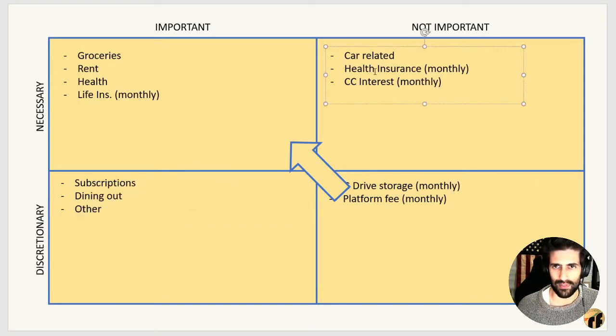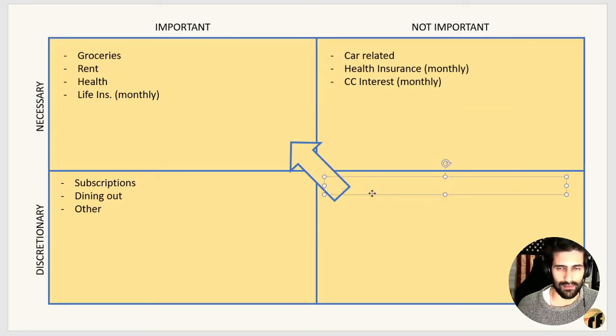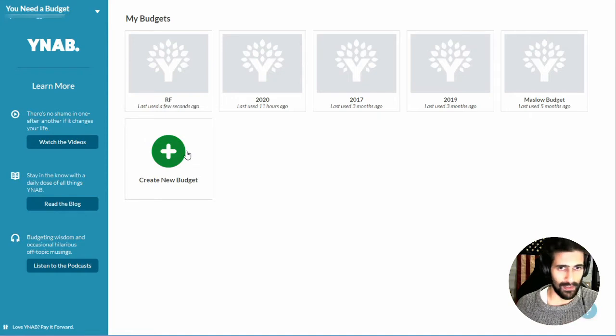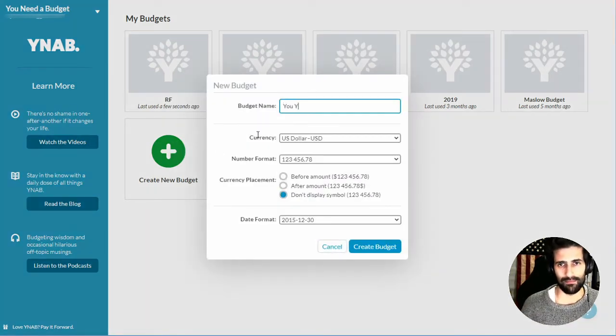Not important, car related, and health insurance. I guess that's big enough that it's a subscription. Cool. Really simple. Guys, there's only 7, 8, or 9, how many? 4, 7, 10 categories in total here, but it's really not going to be that bad.